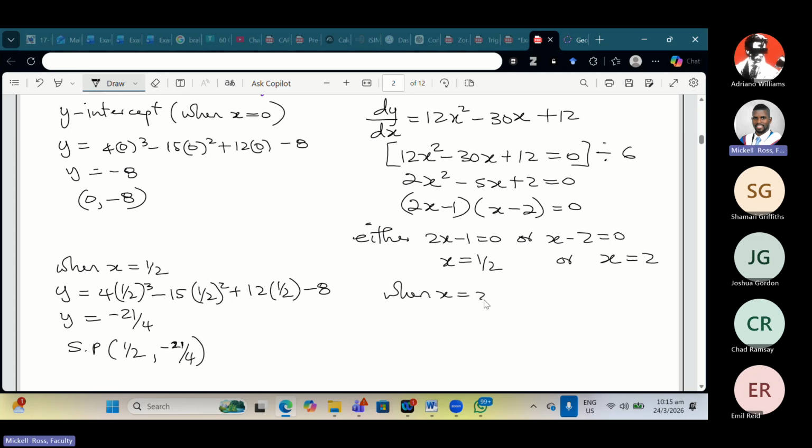And then when x is equal to 2, y is going to be equal to 4 times 2 cubed minus 15 times 2 squared plus 12 times 2 minus 8.